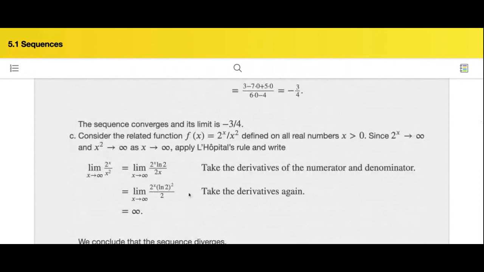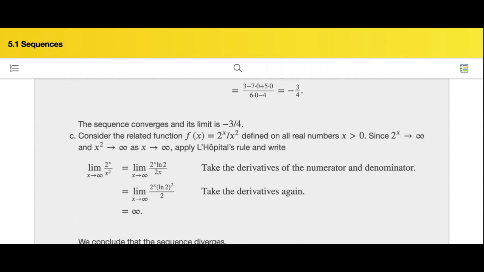And for this one, we can use L'Hopital's rule. The derivative of 2 raised to x is 2 raised to x multiplied by ln 2. The derivative of the denominator is 2x. Then take the derivative again. What does it mean to take a derivative? It means we want to find the rate of change, right?